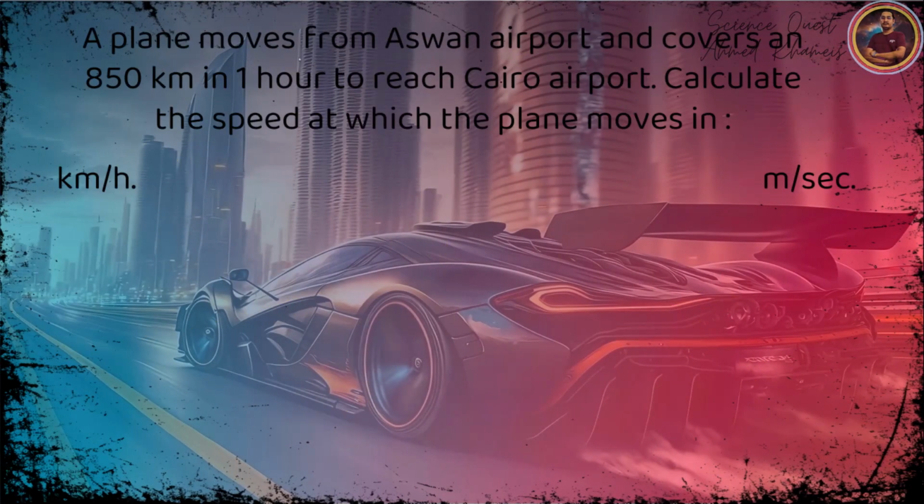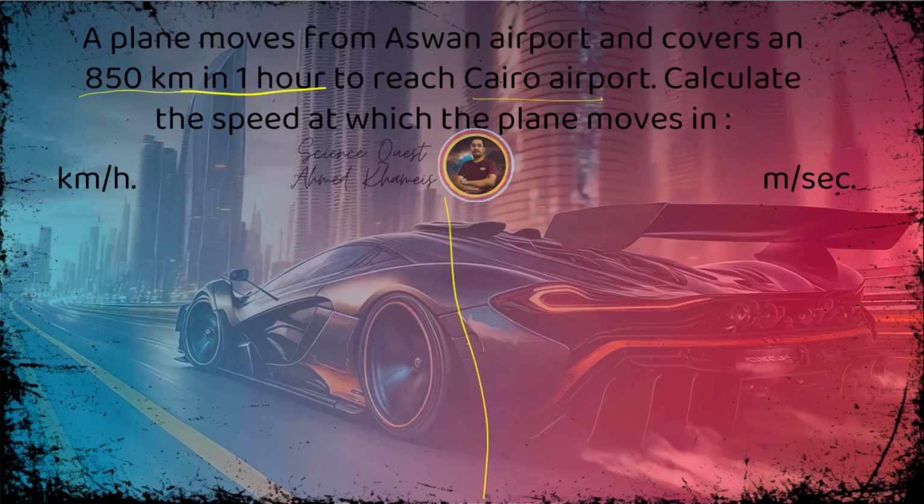A plane moves from Aswan and covers 850 kilometers in 1 hour to reach Cairo. Calculate the speed in kilometers per hour and meters per second. First, we can directly calculate the speed in kilometers per hour because we have the distance in kilometers and the time in hours. So speed equals distance over time, 850 over 1 equals 850 kilometers per hour.